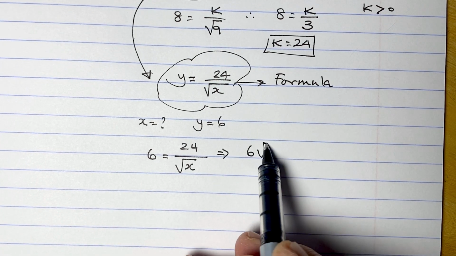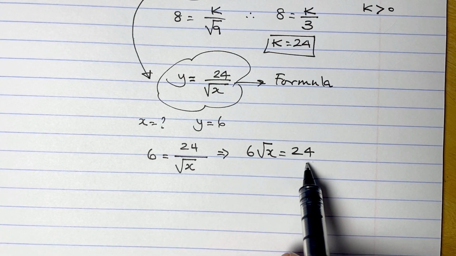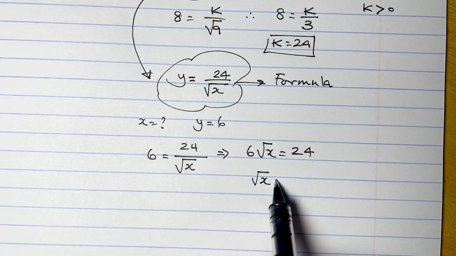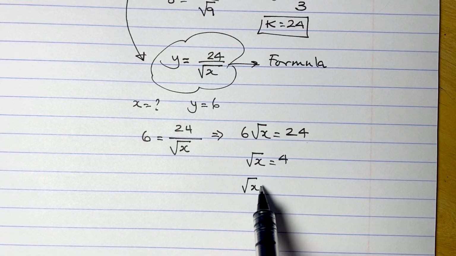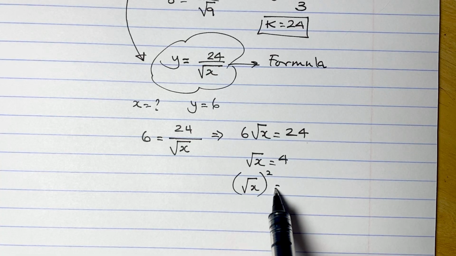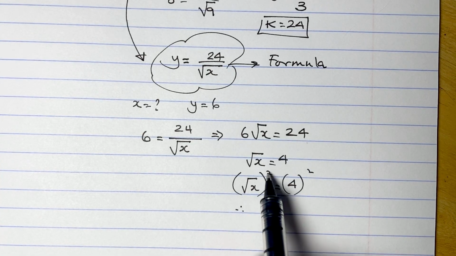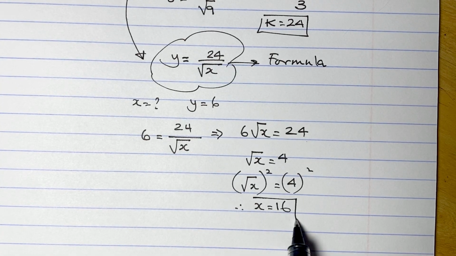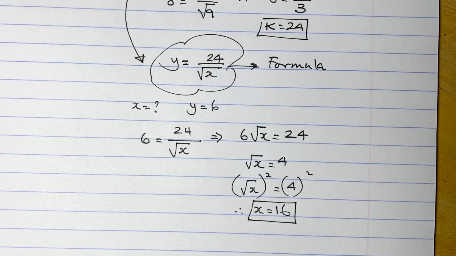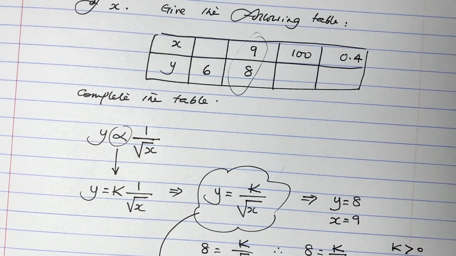So 6 root x equals 24. Divide both sides by 6. Root of x equals 4. To find x, you need to square both sides to get rid of the square root. Therefore, the square root cancels the square and x equals 16. So we found the first answer to put inside the table, and that is 16.